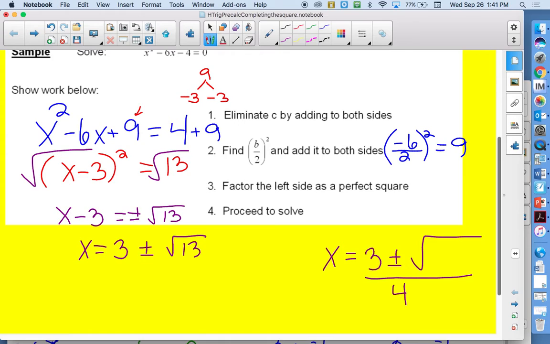I'm trying to think of a number that would work. 169 would come out perfectly. What's 4 times 13? I'm not thinking today. 26, 52? Okay, there we go. You would end up with something like this. Then you have to simplify this, and after you simplify that, you have to simplify further. So yes, it's still messy. If you can't factor it, you're never going to get a nice number.